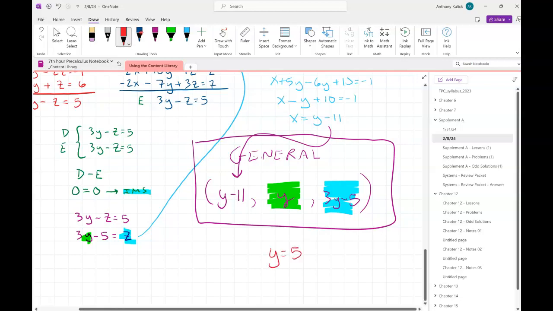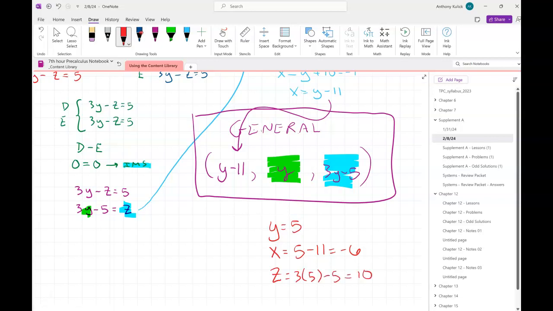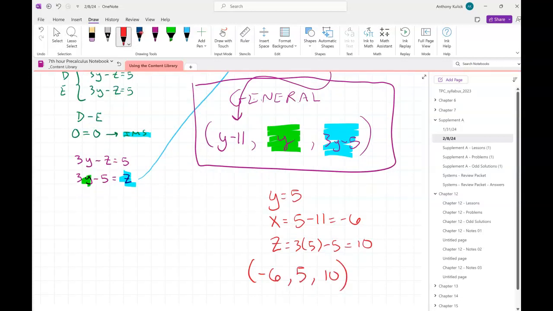If y equals 5, then x should be 5 minus 11, or -6. And z should be 3 times 5 minus 5, or 10. So one of my infinitely many solutions would be -6, 5, 10.